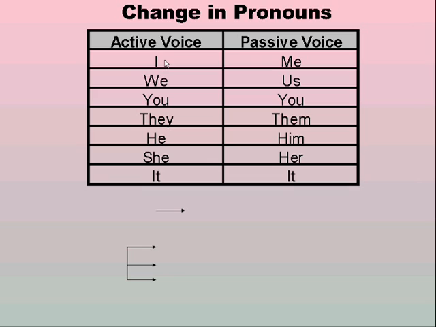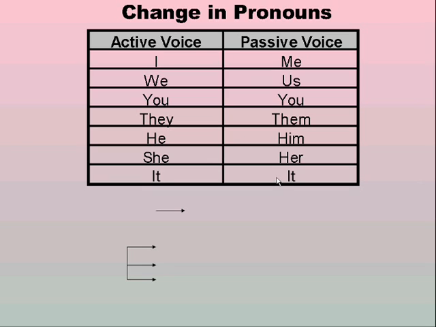When the subject "I" is there in the active voice, when the sentence changes into passive voice, it changes into "me." "We" changes into "us." "You" remains as it is. "They" in the active voice changes to "them" in the passive voice.